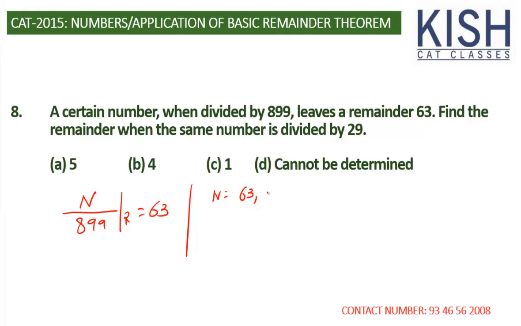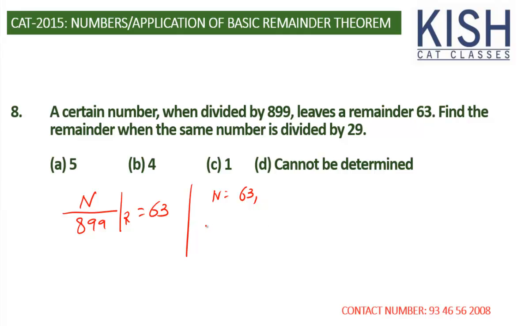Well, what happens if we have a number which is greater than 899? So a number which is definitely greater than 899 should be of the format 899 plus 63. That is the case, we get the remainder 63.